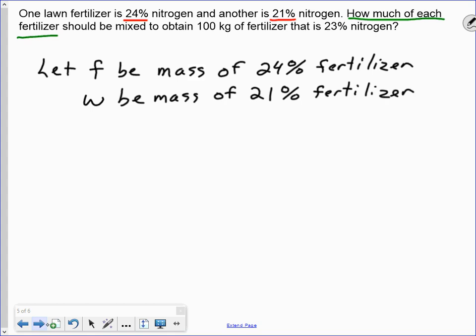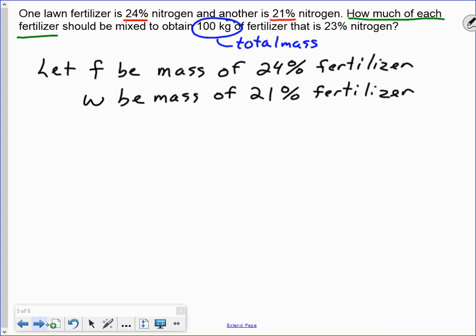Okay. Now, what totals do they give us? Well, they give us 100 kilograms here. That is our total mass. Okay. So we already have the individual masses. F is the mass of one, and W is the mass of the other.